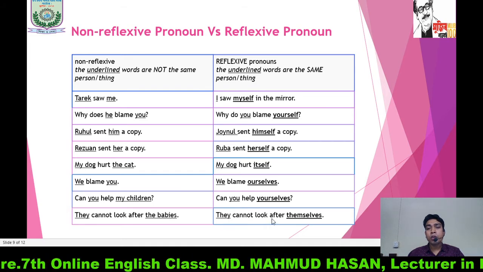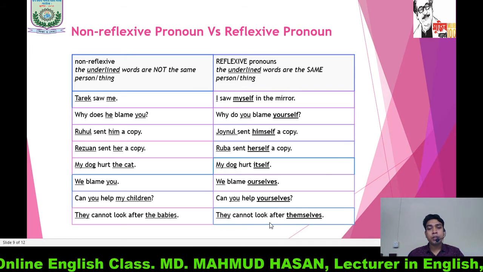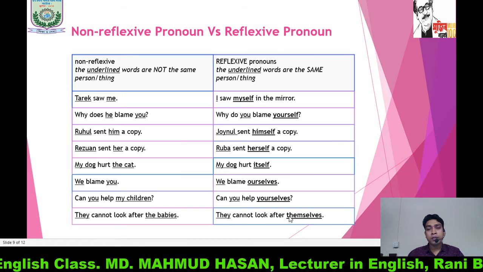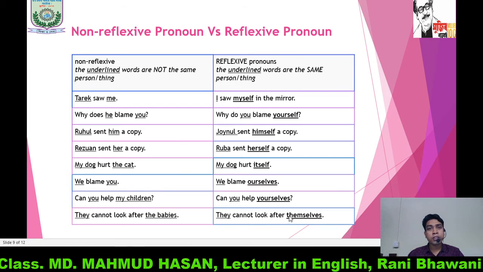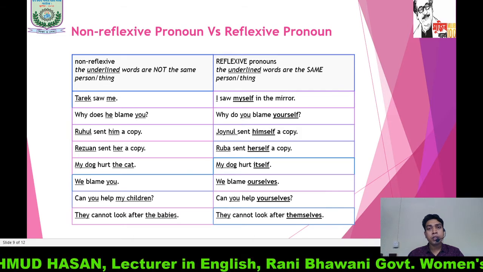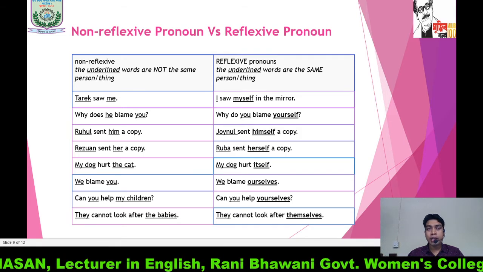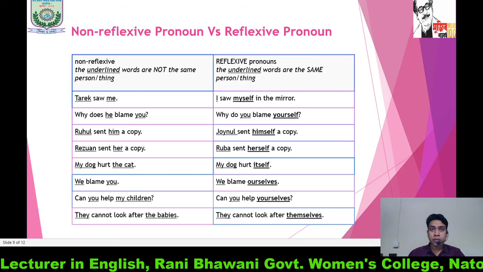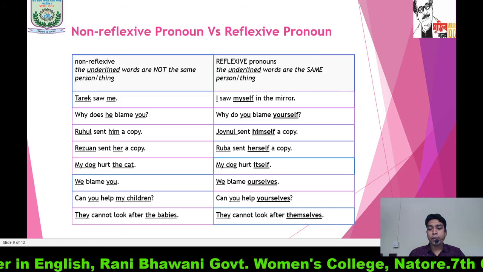They cannot look after themselves. They and themselves are the reflection of each other. Themselves is the reflexive pronoun, and it indicates the subject of the sentence.